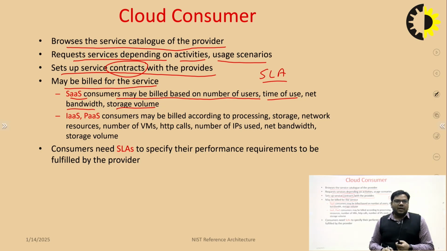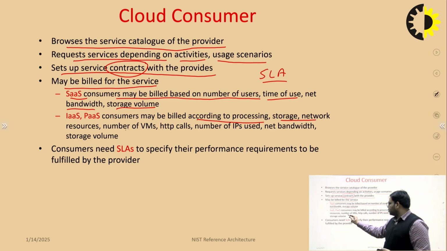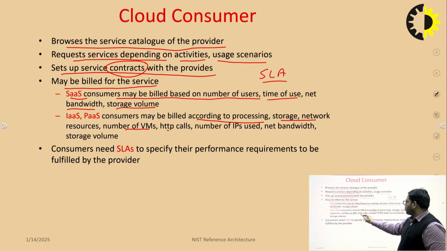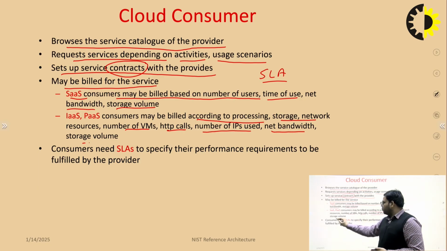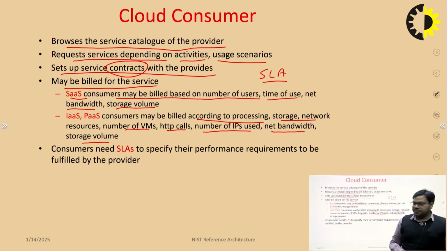Means the bill can be based on the number of users, the computation resources utilized, or according to the processing, storage, network resources, number of virtual machines, calls, number of IPs used, NAT bandwidth, storage volume, or maybe a single subscription package as well.